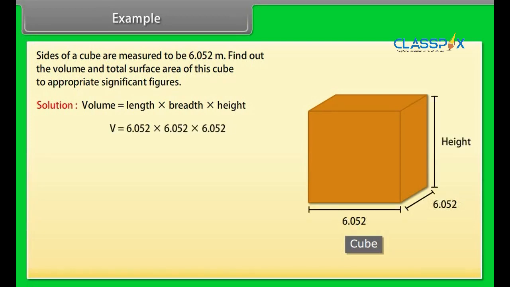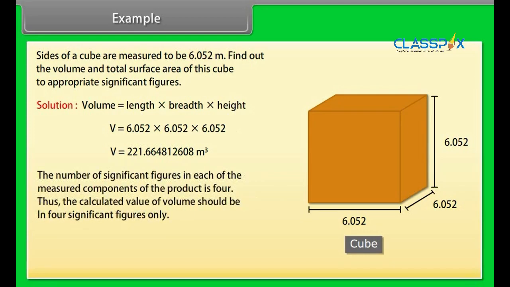After calculation, we get V is equal to 221.665 meter cube. The number of significant figures in each of the measured components of the product is 4. Thus, the calculated value of volume should be in 4 significant figures only. Thus, V is equal to 221.7 meter cube.